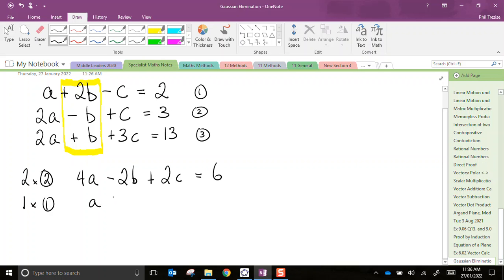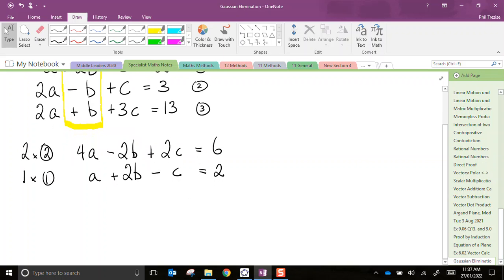Here we go, a plus 2b minus c equals 2. Importantly, the pronumeral b is now negative 2 in the first and positive 2 in the second. They're equal and opposite. That's what I was going for.